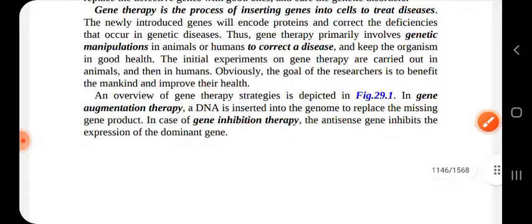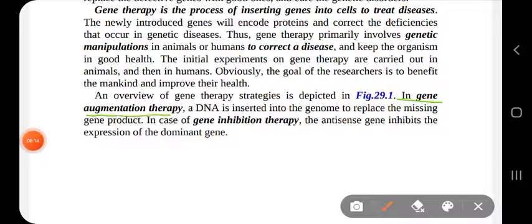So, in gene augmentation therapy, we are inserting the DNA into the genome of humans, either by ex vivo gene therapy or by in vivo gene therapy, and we are replacing the missing gene product. There is another therapy called gene inhibition therapy. In this therapy we will inhibit the malfunctional gene product.